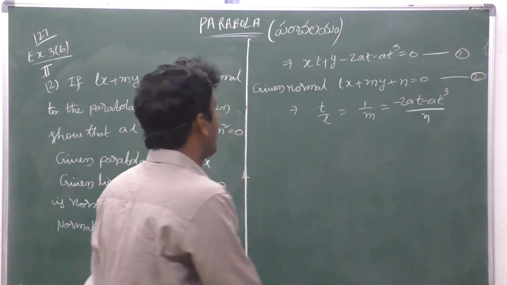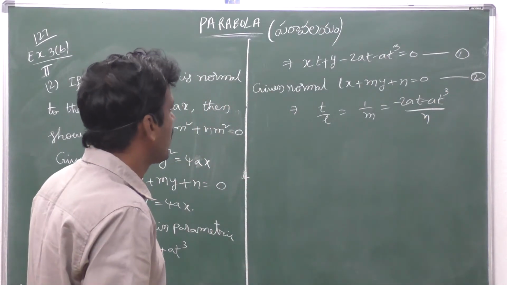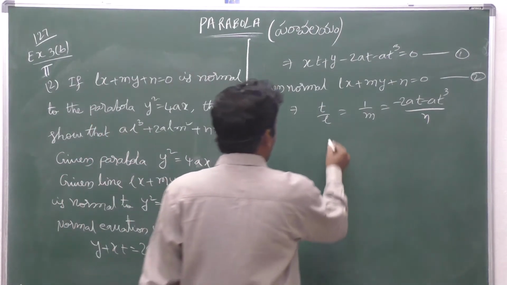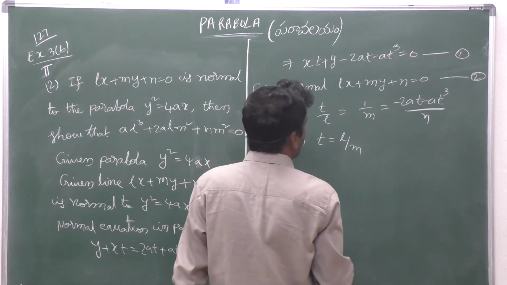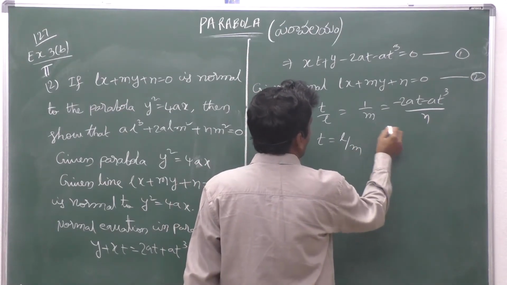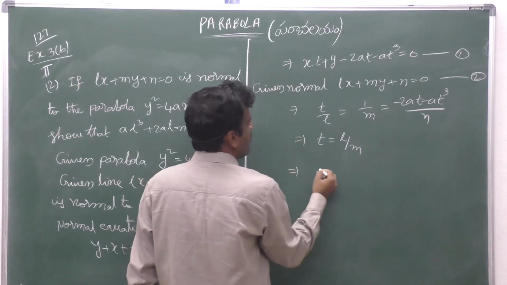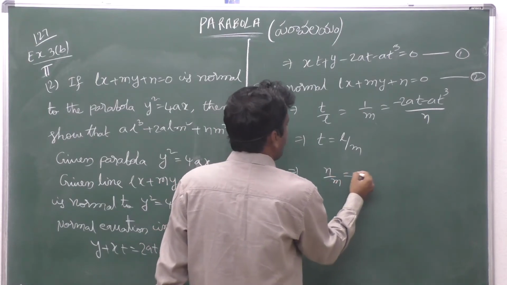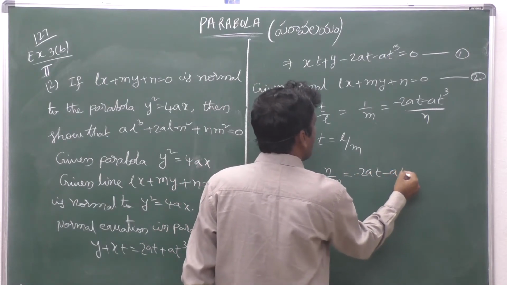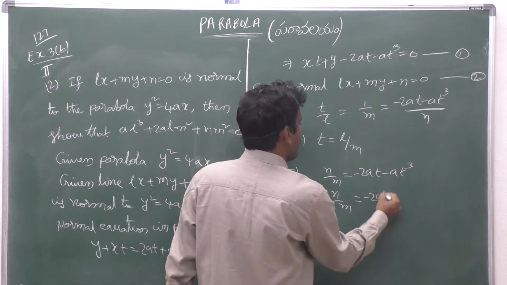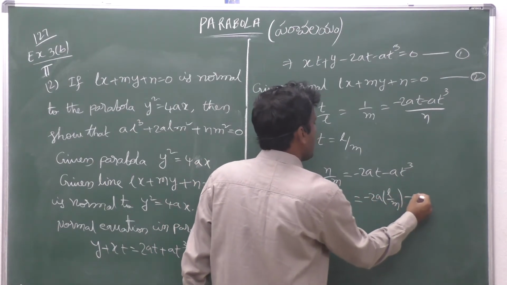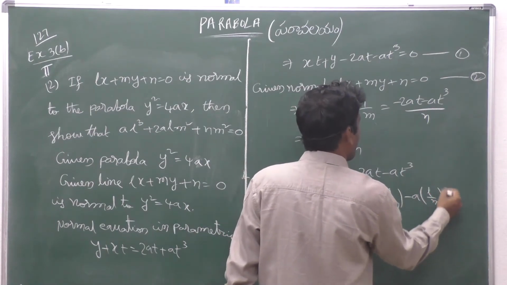From these we get t equal to l by m. From these two we get n by m equal to minus 2at minus at cube, n by m equal to minus 2a into l by m minus a into l by m whole cube.